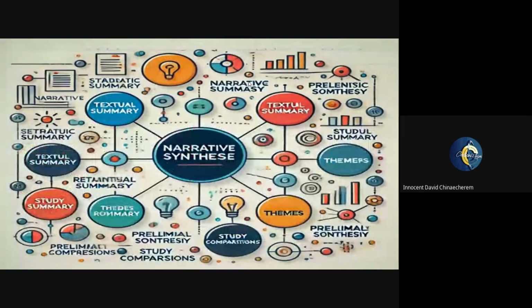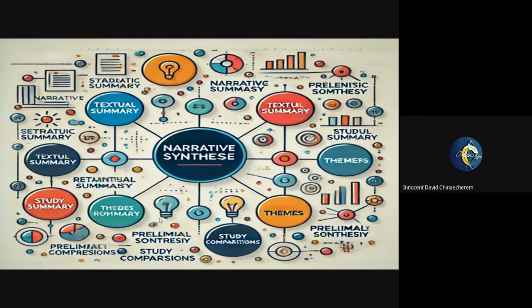Now, this is actually a very beautiful picture, if you're listening, it's what I just projected on the screen. It's an image that tries to show what narrative synthesis looks like. Textual summary. We've got bits of ideas that we are trying to match up together and synthesize, and that is what narrative synthesis is all about.